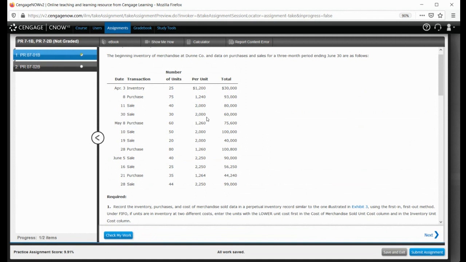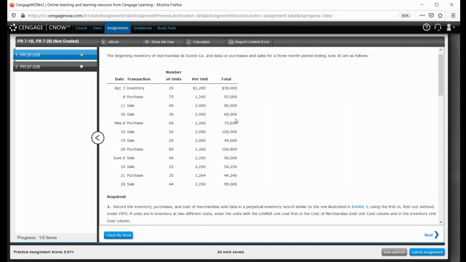So 30 times 2,000 is $60,000. That's your total sales on the April 30th transaction. We would debit accounts receivable in our journal for $60,000, and we would credit our sales for $60,000.